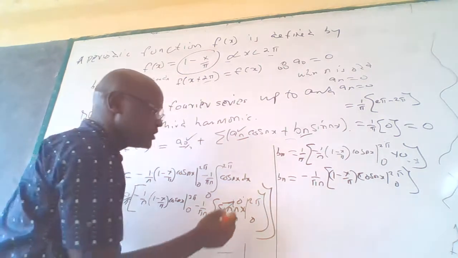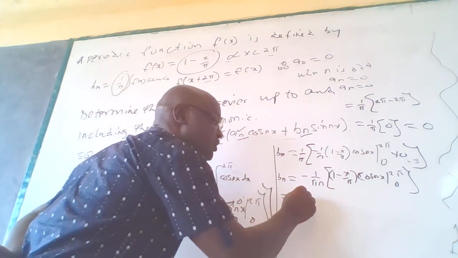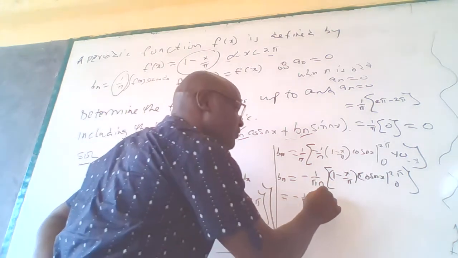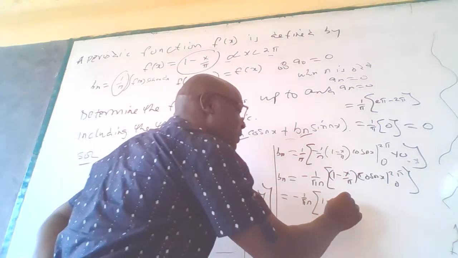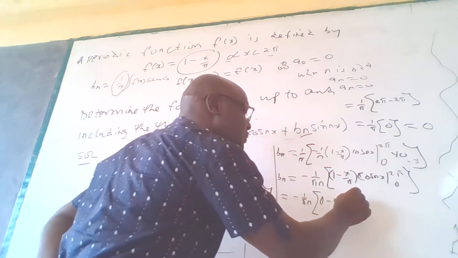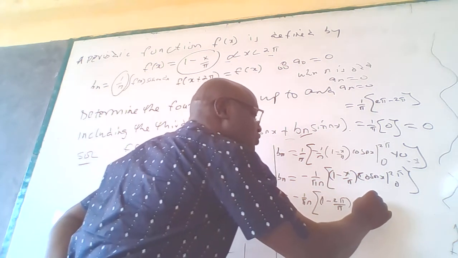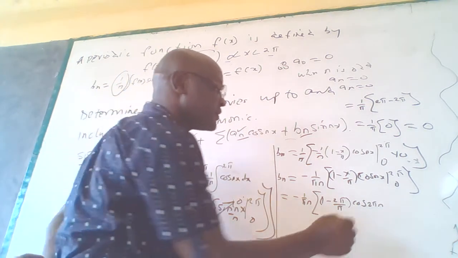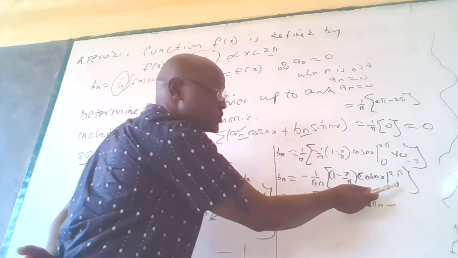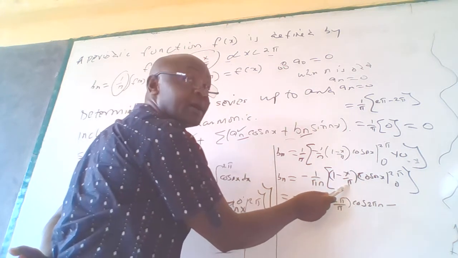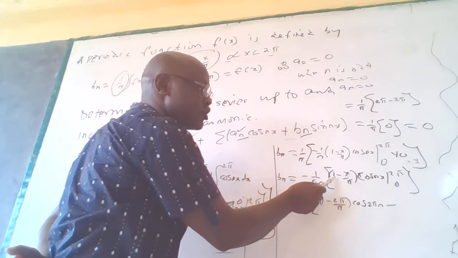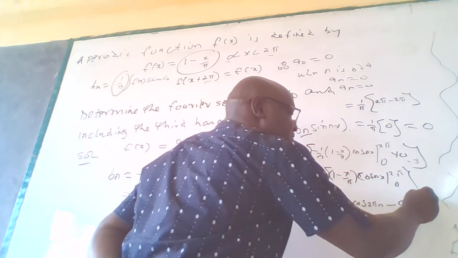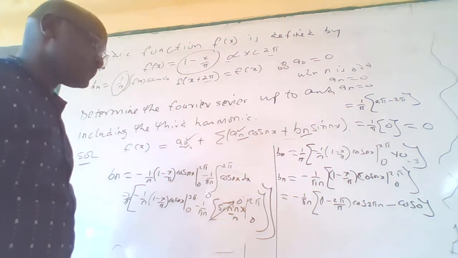Now we substitute the limits, so this equals minus 1 over pi n into, we start with the upper limit, so we shall have (1 minus 2 pi over pi) cos 2 pi n, then minus the lower limit: we substitute 0, this will be 0 over pi, which is 0, so we have 1 minus 0, then we have 1 times minus cos 0.